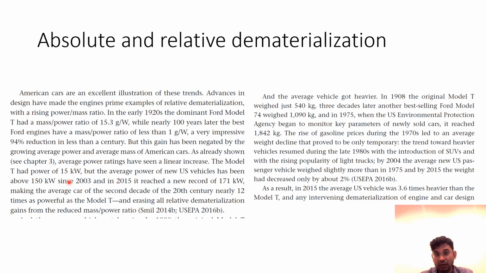Also, in 2015, the average US vehicles were 3.6 times heavier than the ones we were talking about in 1920. So these things actually erase the gains that we get from technological advances. That is the difference between absolute dematerialization and relative dematerialization.